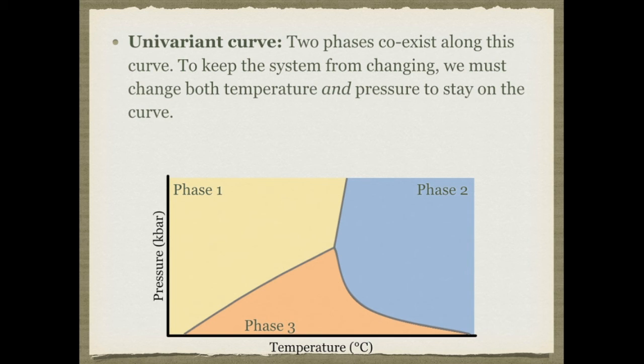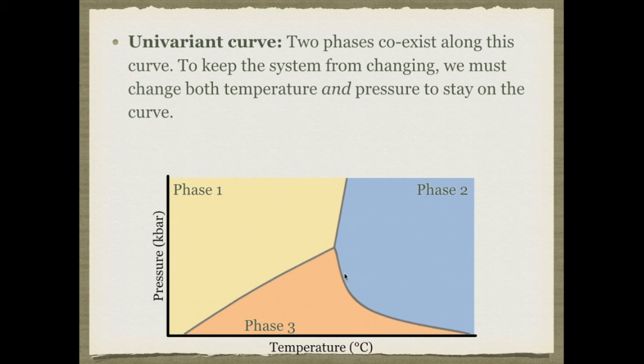Let's move on. A univariant curve is another name for those lines between the phase areas. At any point along one of these curves, the two phases on either side of it are coexisting. So on this line, phase 2 and phase 3 can coexist, but only along this line. To keep the system from changing, we have to change both the temperature and the pressure to stay on the curve.